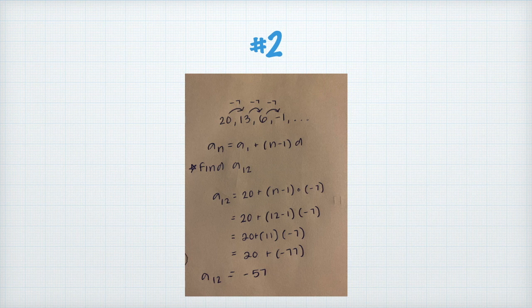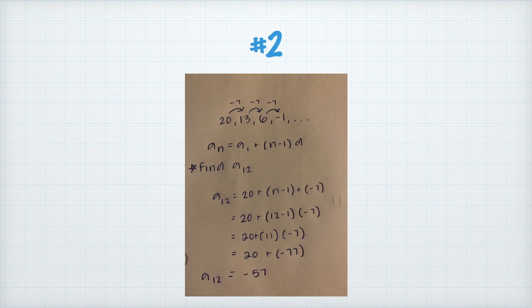So 20 plus parentheses 12 minus 1, that's because we're trying to find 12, 12 minus 1 times parentheses negative 7, and you close the parentheses. So we have 20 plus, this right here is a plus, 11 times negative 7. Then we got 20 plus, parentheses, negative 77, and then you close it.